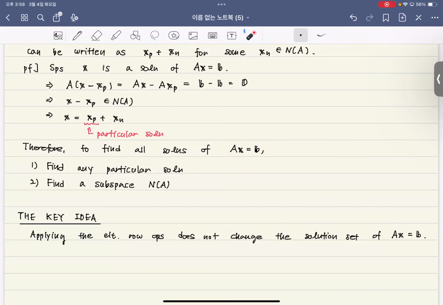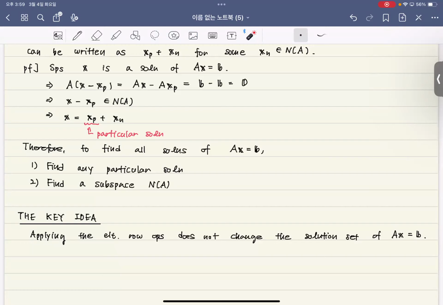This technique was something we did in the previous chapter. Suppose my matrix A was a square matrix. Then you applied a bunch of elementary row operations to transform A into an upper triangular matrix, and by back substitution, you found the solution.